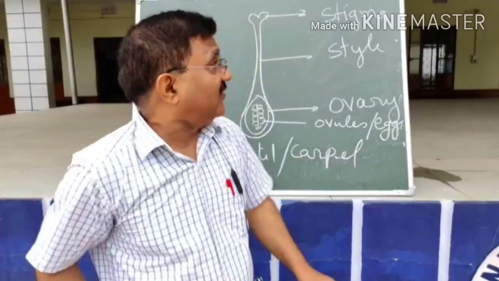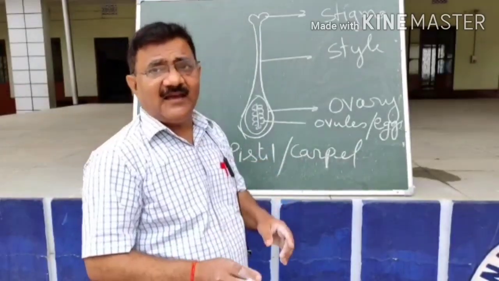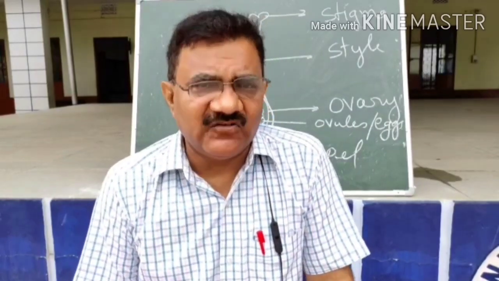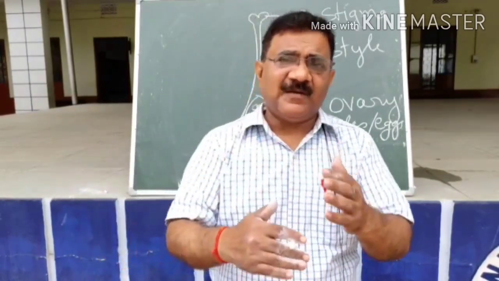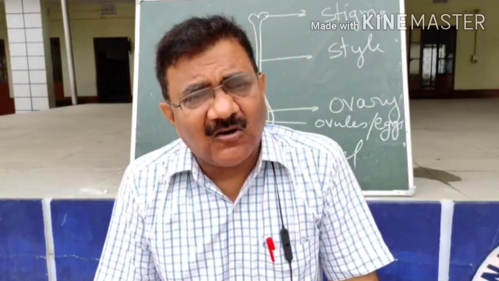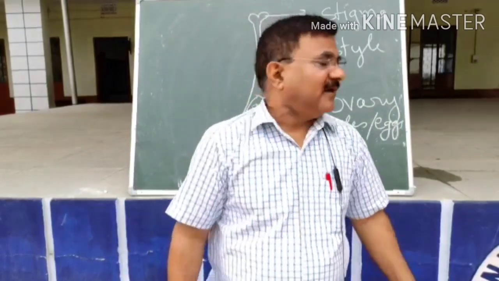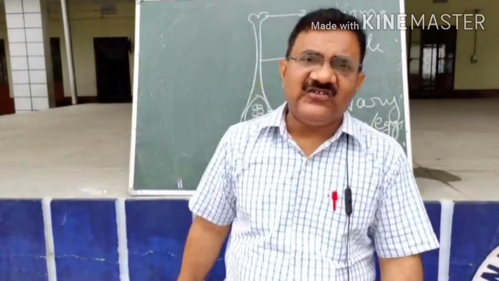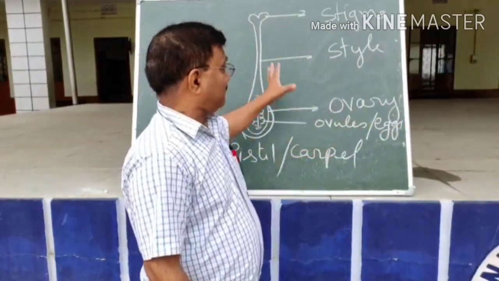So dear children, what we have studied today are just these four parts: calyx, corolla, androecium, gynoecium, and that is present only in the bisexual flower. We have discussed that calyx and corolla are the accessory or helping parts, and androecium and gynoecium are the reproductive parts. The reproductive parts take part in reproduction.